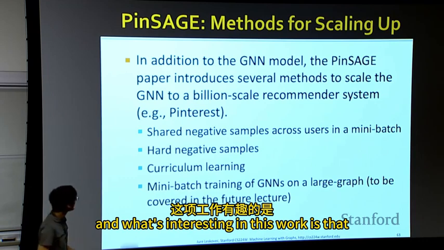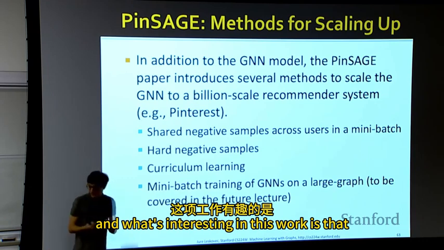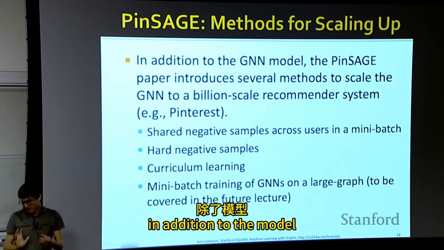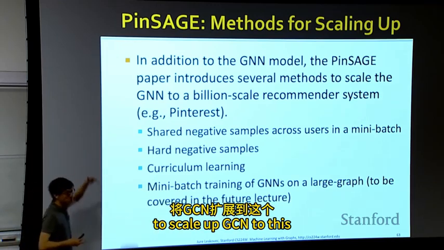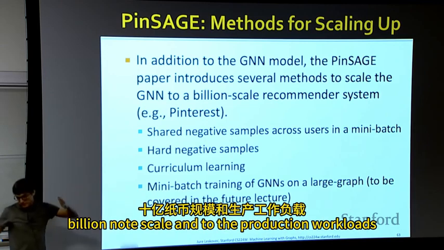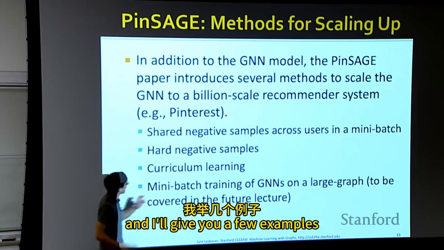And what's interesting in this work is that in addition to the model innovation, the paper introduces several methods to scale up GCN to this billion node scale and to production workloads. I'll give you a few examples.